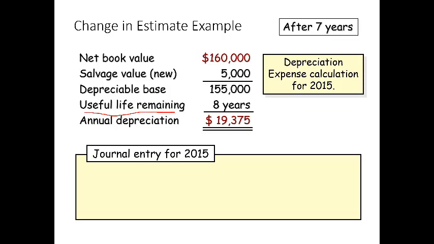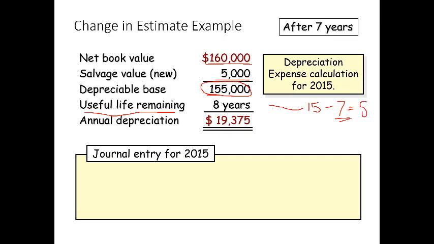We're going to take the $160,000 net book value, subtract off the salvage value under the new estimates to get the depreciable base, divide it over the remaining useful life. Again, this remaining useful life is 15 minus 7. We took 7 years already.